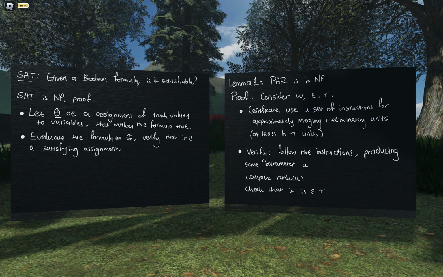So to summarize this proof, in the case where the instance is a yes instance, so the parametric approximate rank is indeed less than or equal to r, it should be possible to construct this certificate based on some nearby parameter that has to exist that has a low rank.